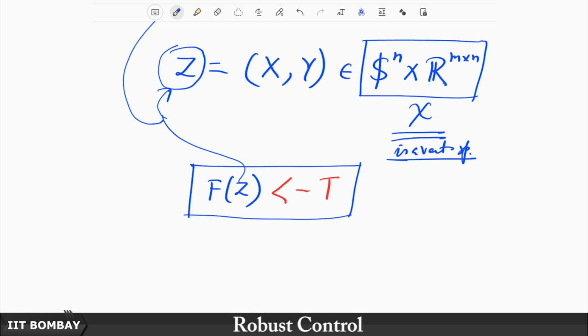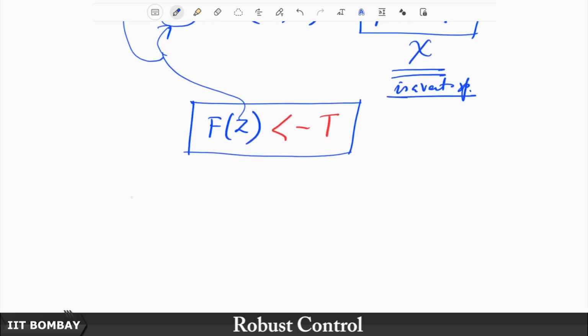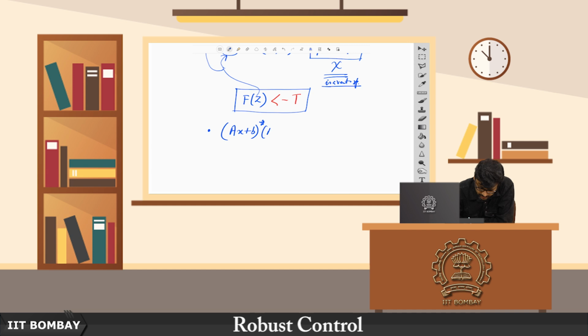We will return to LMIs very shortly again, but before we do that I want to give another example of LMIs to motivate further that objects that often do not look like LMIs are indeed LMIs. So think of this: (Ax plus b) Hermitian times (Ax plus b) minus c star x minus d is less than 0.